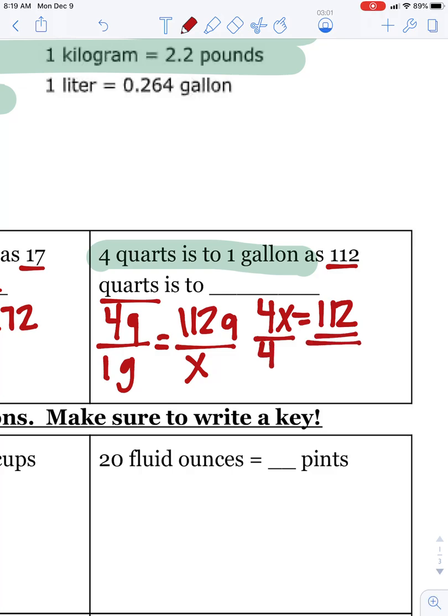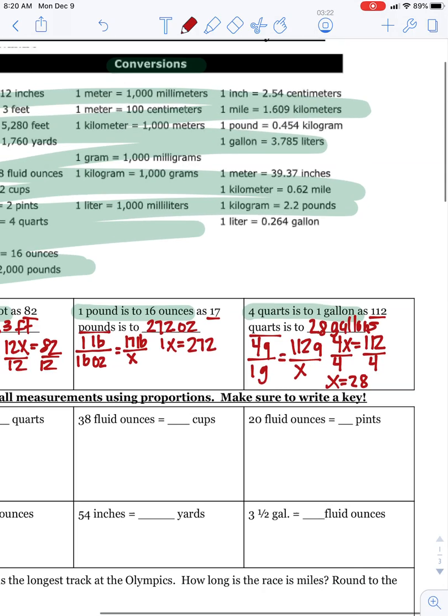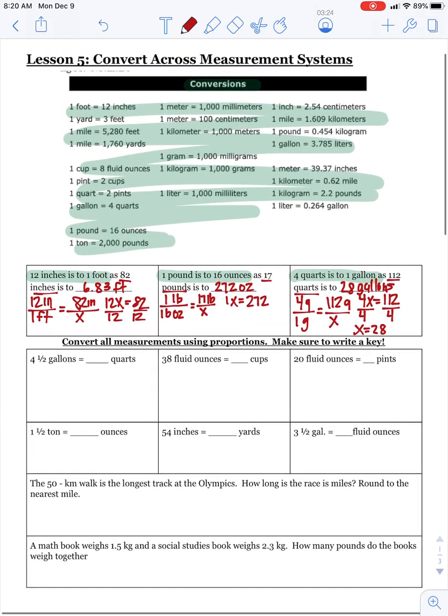And when I divide by 4 on both sides, 112 divided by 4, remember you can still use those calculators, gives you X is 28, and so 112 quarts is 28 gallons. So those are fairly easy because it's telling you the conversion right there in the problem.